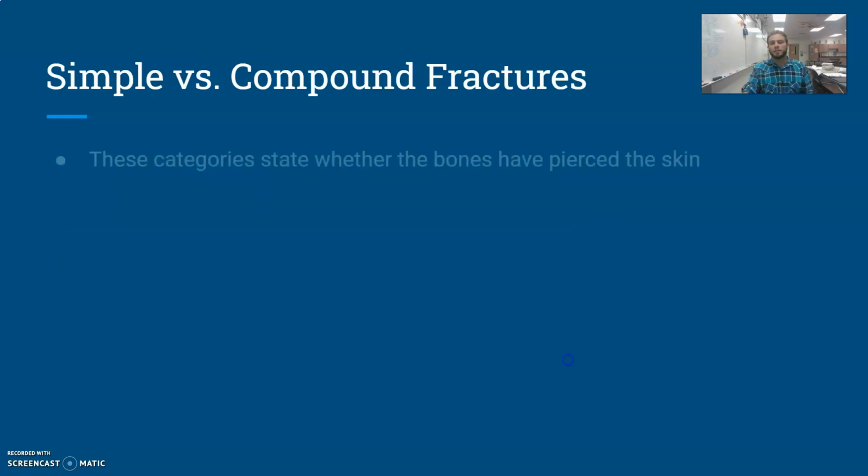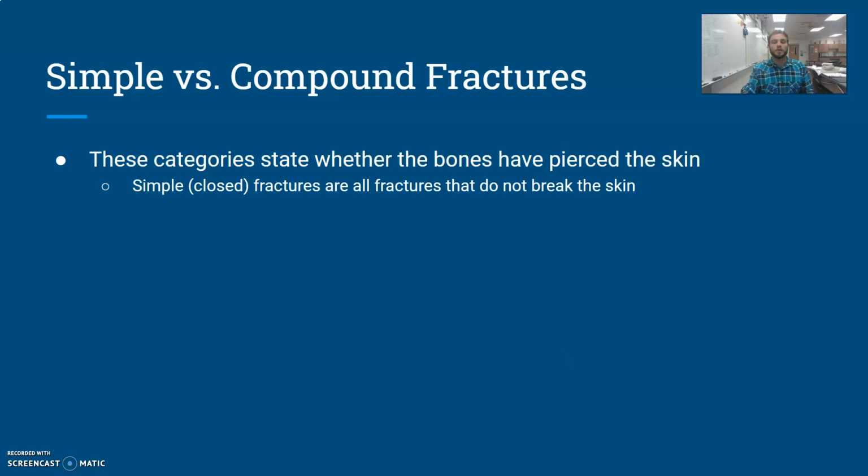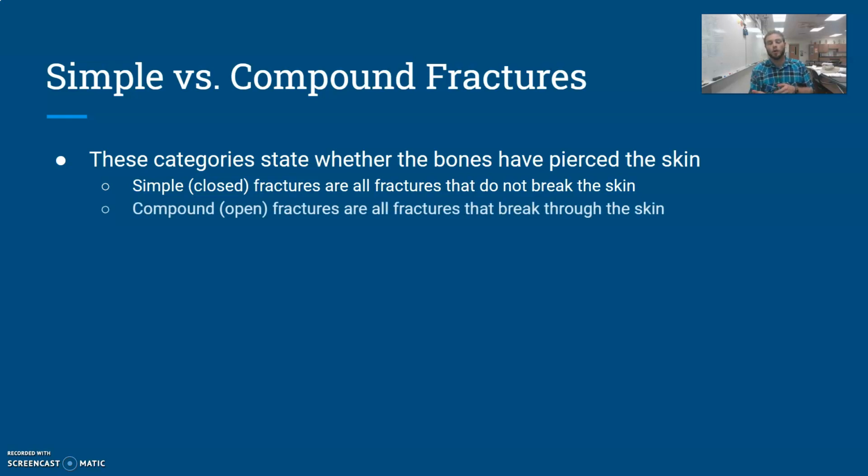So simple and compound fractures, they are opposites of one another. It all depends on whether or not the broken bone has pierced the skin. Your closed fractures, they're going to be closed. So they're going to be all your fractures that do not break the skin. Open fractures, your compound fractures, then do break through the skin.